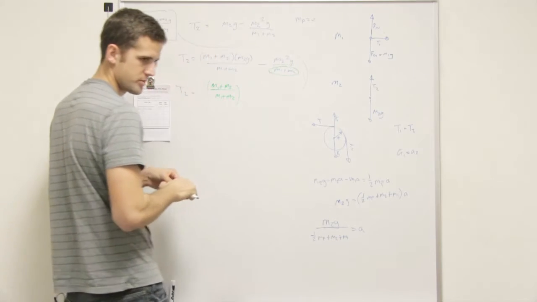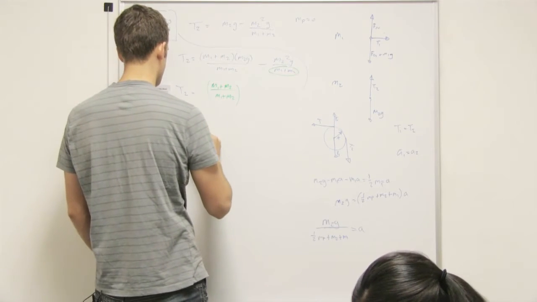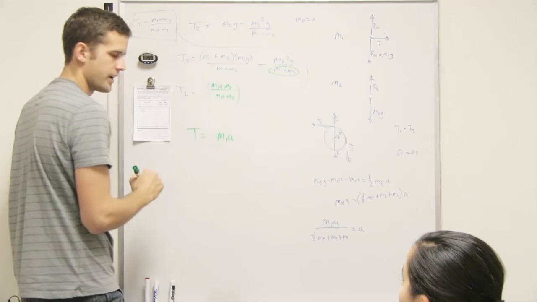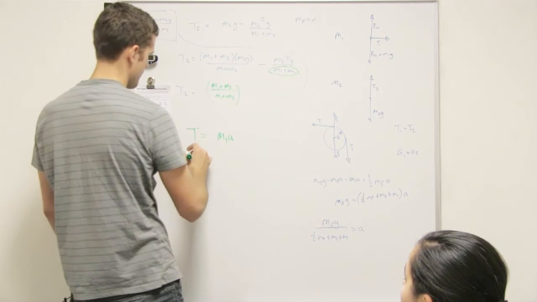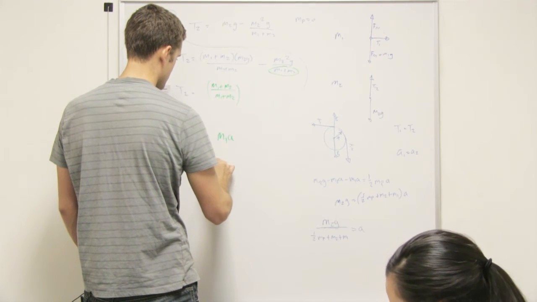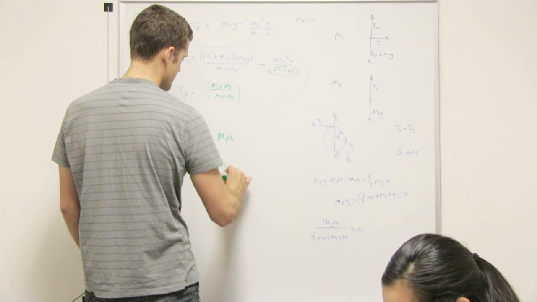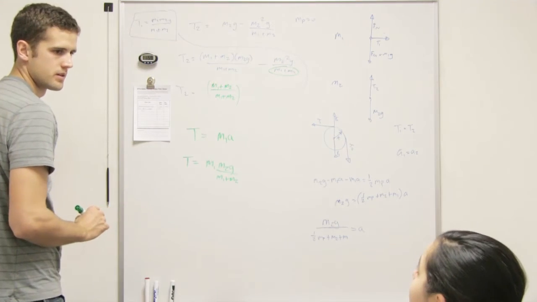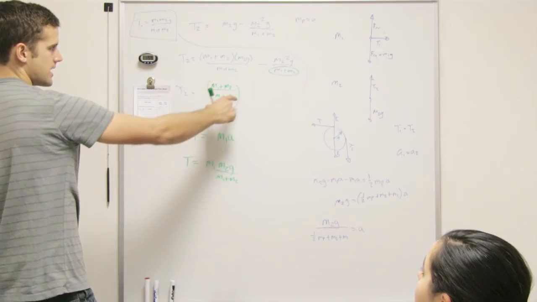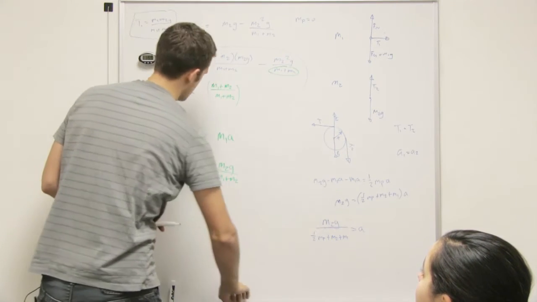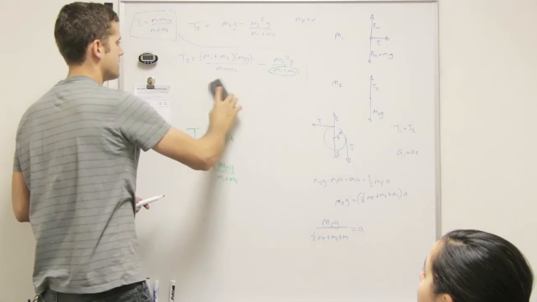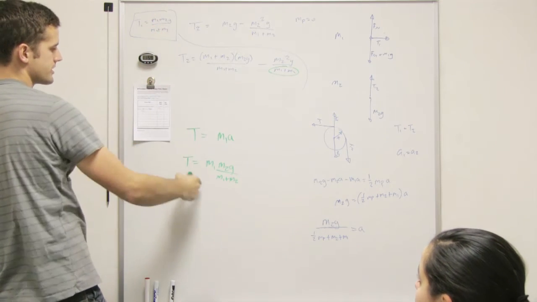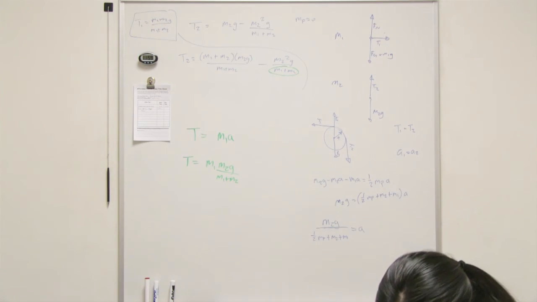What did we solve for the tension to be before? Tension 1 is M1A. And what was A? A was M2G over M1 plus M2. So when you expand it, it's the same. We proved that T2 is the same as T1, and T1 is the same as the tension we saw before. Makes sense.